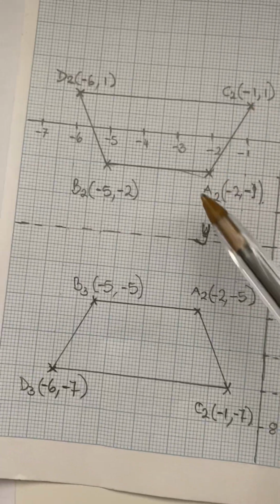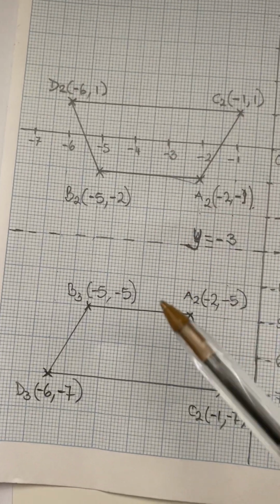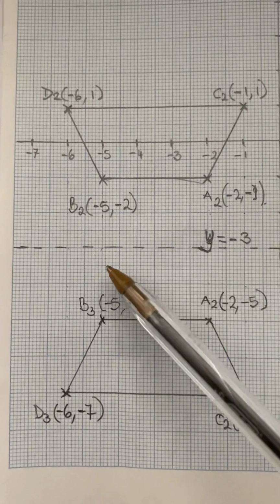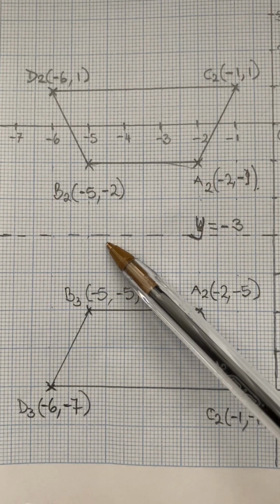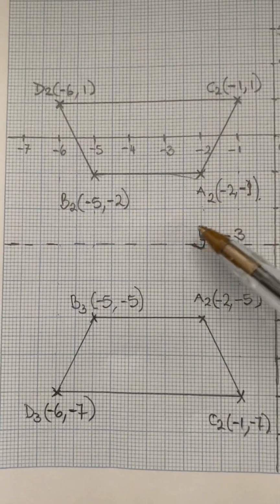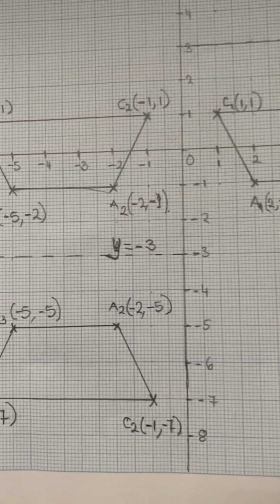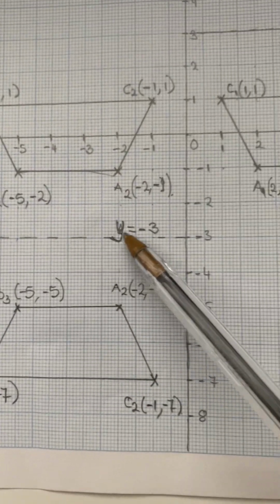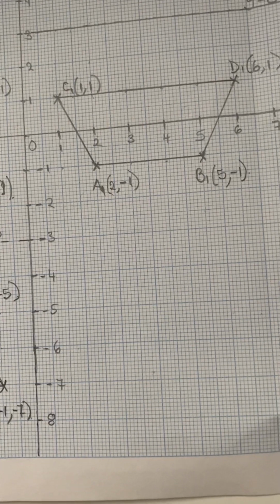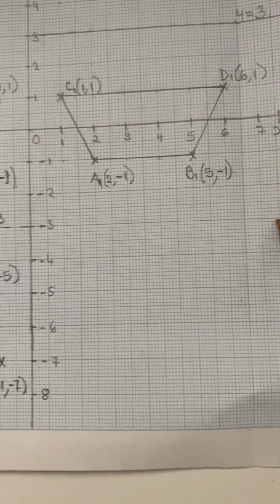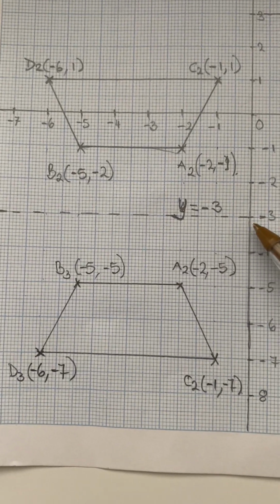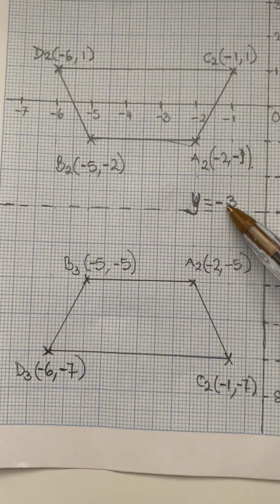We only need this because we are reflecting this image here. So because of that, I didn't need to draw the whole length. But y equals -3 is all the way to the end here. So I only need this part of y equals -3.